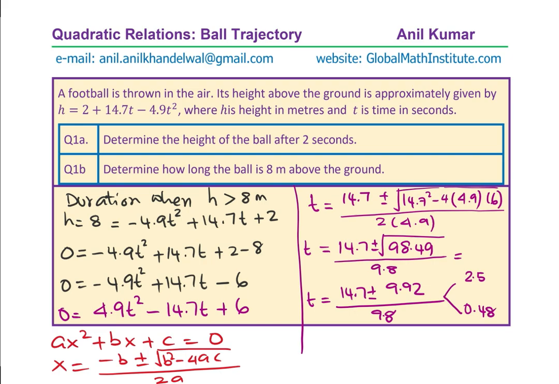So very early on, it moves past 8 meters. So that becomes the duration, and this is in seconds. So we can now answer the question: the duration for this particular case is from 0.48 seconds, I'm writing 0.48, we could round it to 0.5 seconds, to 2.5 seconds.